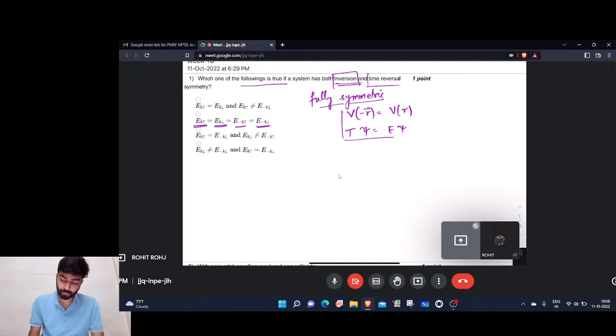Now for fully symmetric constraints, the system has both inversion and time reversal, so we also have a fully symmetric set of eigenvalues. So this option would be true for a system having both inversion as well as time reversal symmetry.